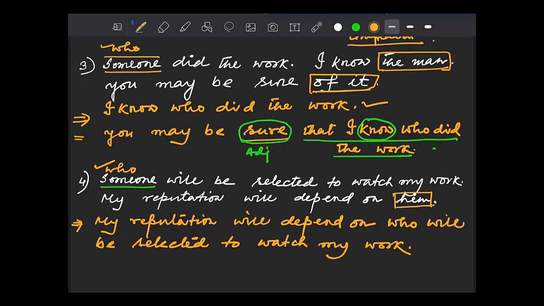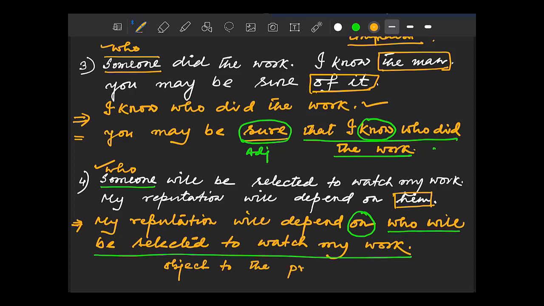My reputation will depend on is the preposition, who will be selected to watch my work. This part is an object to the preposition on. Okay, now this is your answer.